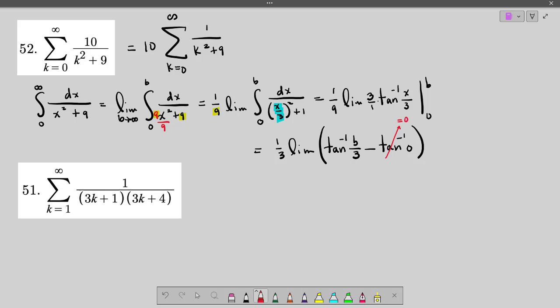And where does this one go as b goes to infinity? Pi halves. That is going to go to pi over 2. So that's the horizontal asymptote. So our overall value then is pi over 2 times 1/3, so we get pi over 6.